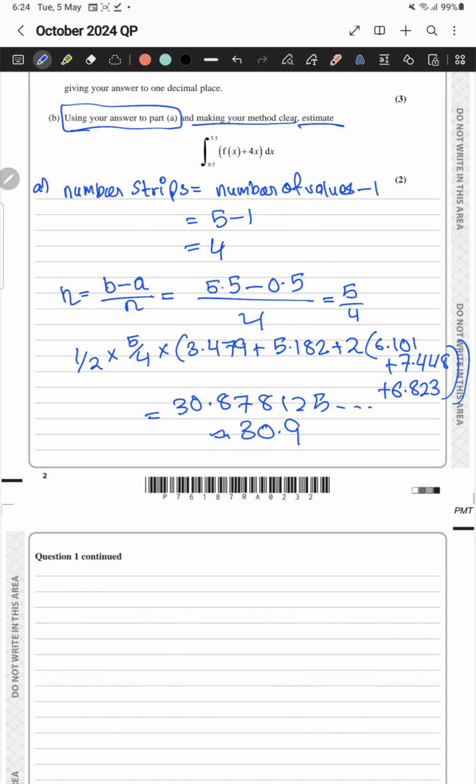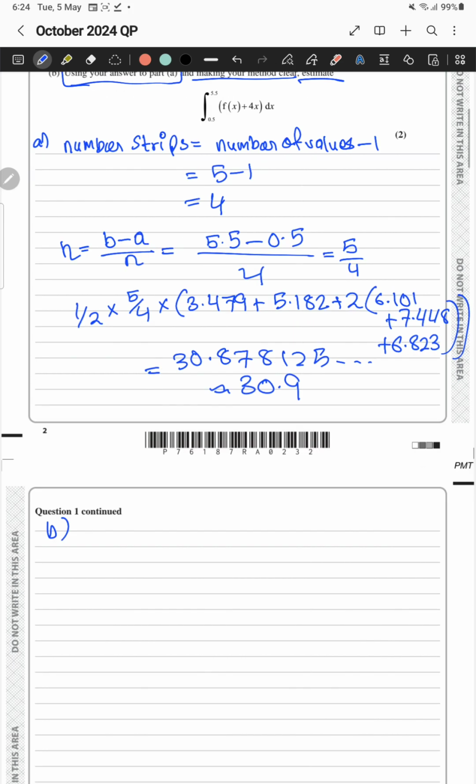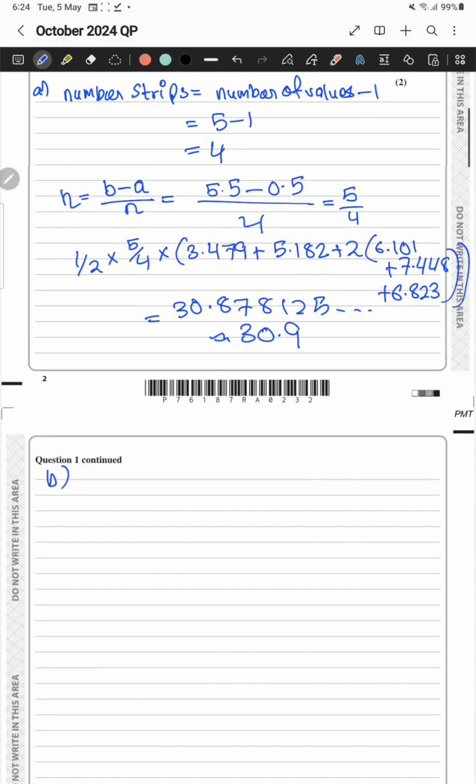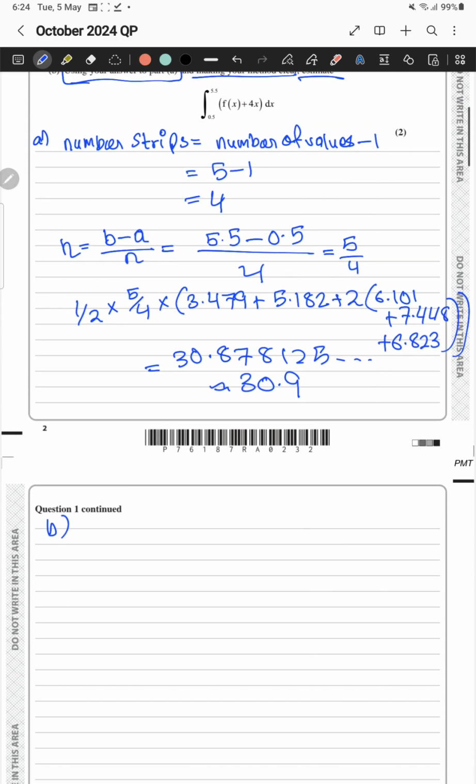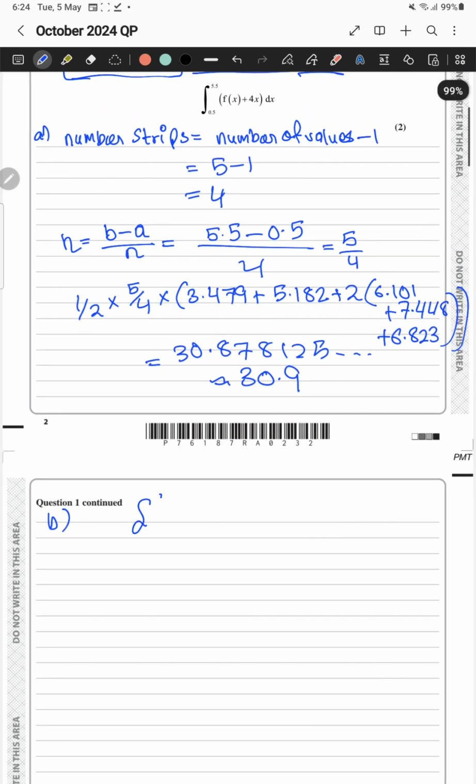So here's our part A and here's our part B. Now for part B, we can split the integral: the integral of f of x with respect to x, plus the integral of 4 with respect to x. So that's how we have to split it up.